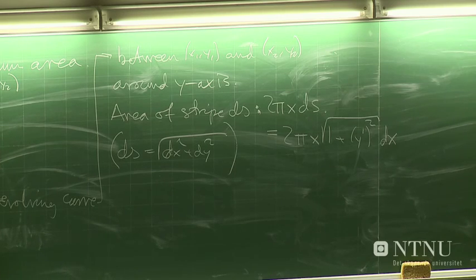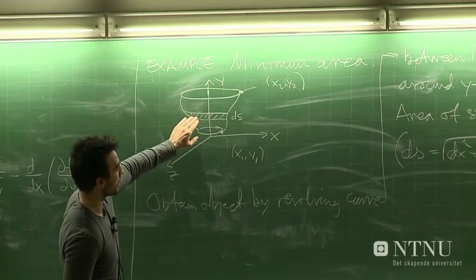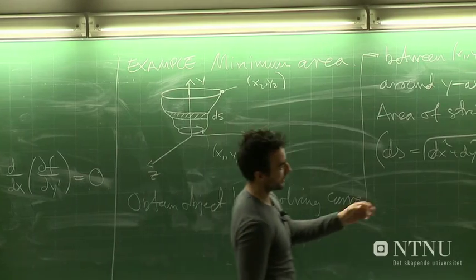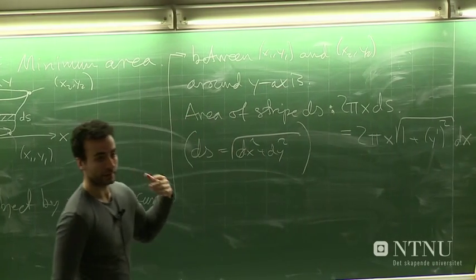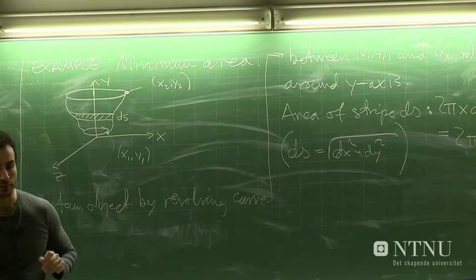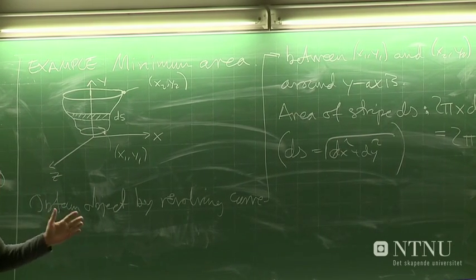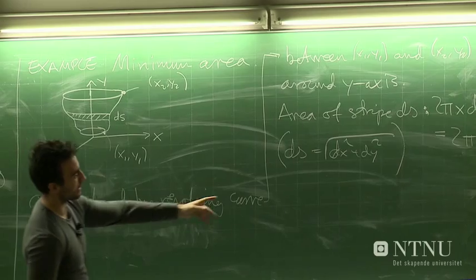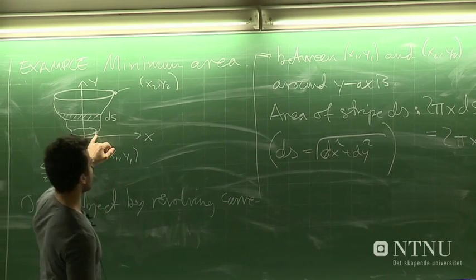Okay, so if the area of this stripe is given by this expression, then the total surface area of this object should be obtainable by integrating this expression here from x1 to x2.